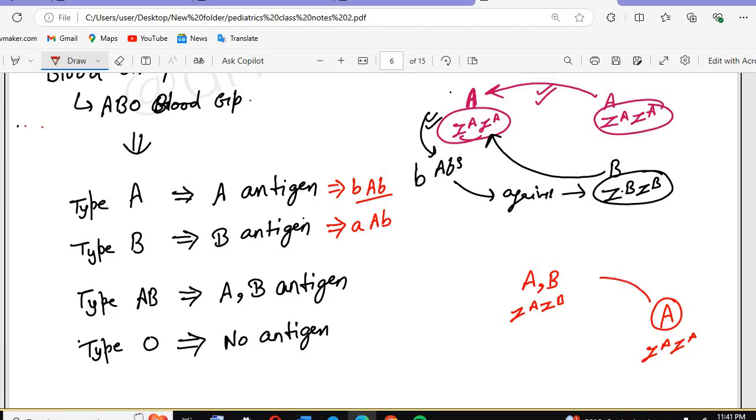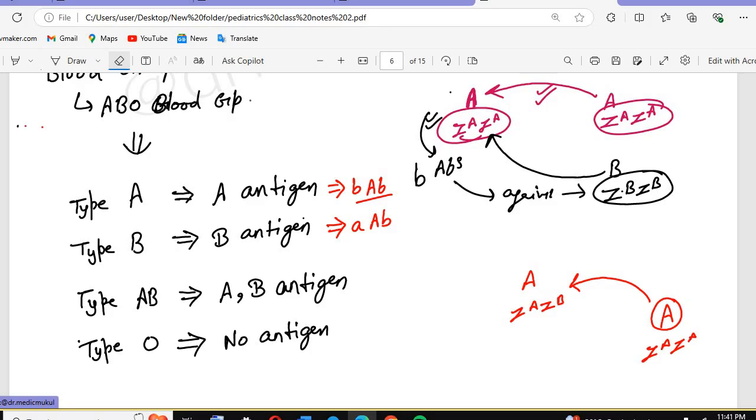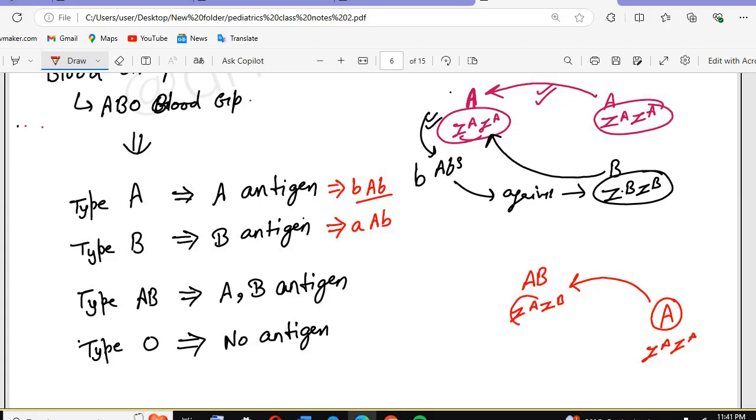If I am taking the blood from an A blood group person, I also have the A antigen. So these are my similar antigens, and I will not make any antibody.